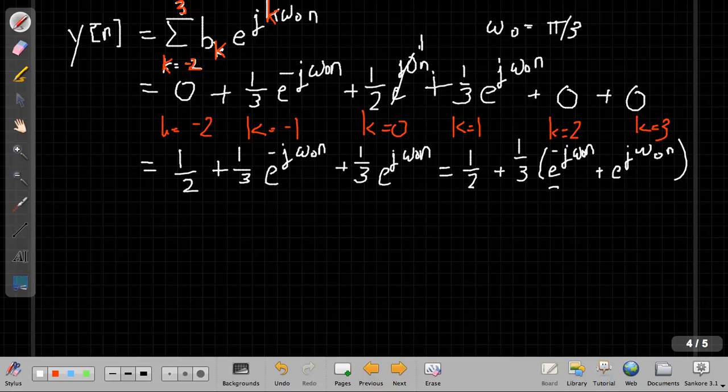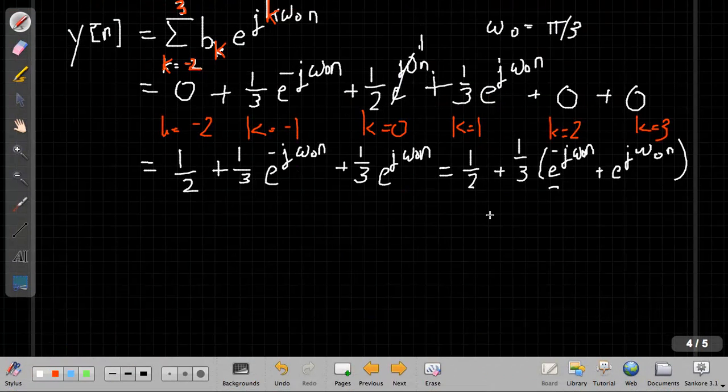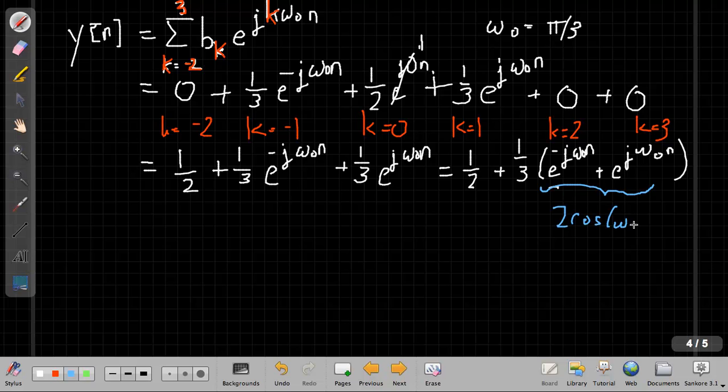So this term in brackets here is 2 times cosine of omega naught n. So if I pull all this together to simplify, it's 1/2 plus 2/3 of cosine omega naught n. Now is probably a good time to plug in for that.